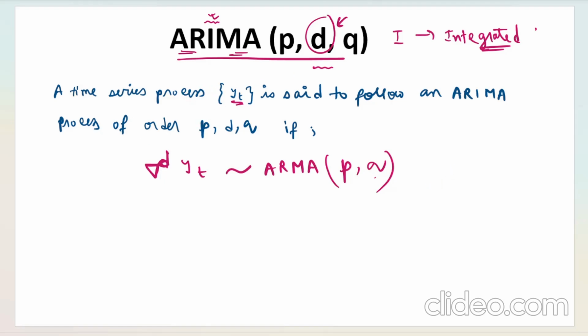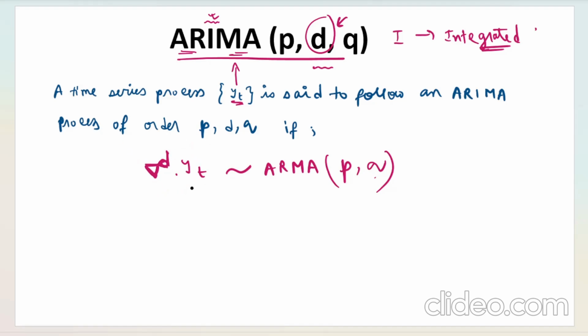I'm saying that the original yt will follow ARIMA with parameters p, d, q if and only if you take the difference operator and apply it small d times on this original yt, and if you see that process follows ARMA p, q, then we will say the original yt follows ARIMA p, d, q, right? If you have any questions, any doubts, you can let me know in the comment section.